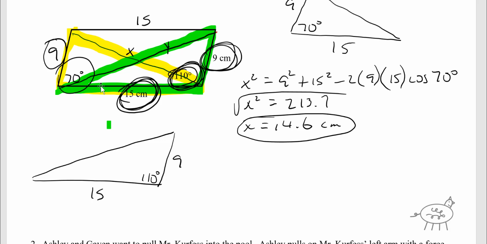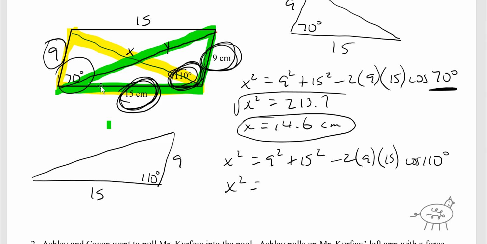So almost everything's the same except for, instead of cosine of 70, it's going to be cosine of 110. If you hit second enter on your calculator, you can bring up what you've already typed in. I think you have to hit it a couple times, and then you can just change the 70 to 110. So let me write it out here. y squared equals 9 squared plus 15 squared minus 2 times 9 times 15 cosine of 110.